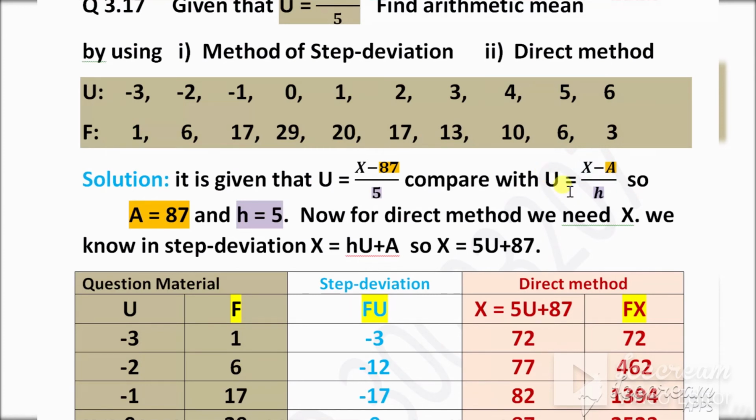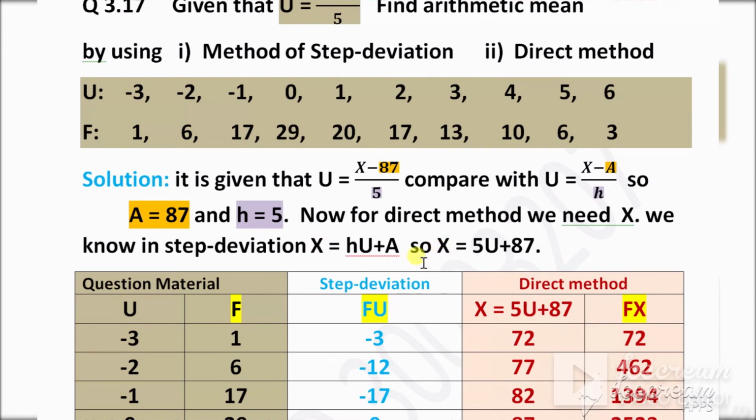H multiply cross, this will become hu. Now this minus a, you change to the left side. This will become plus a and you will get x. So mathematically when you solve this one, you will get x is equal to hu plus a.